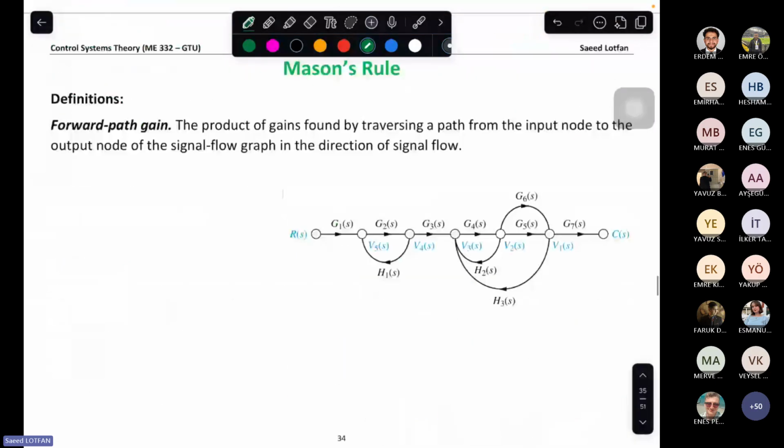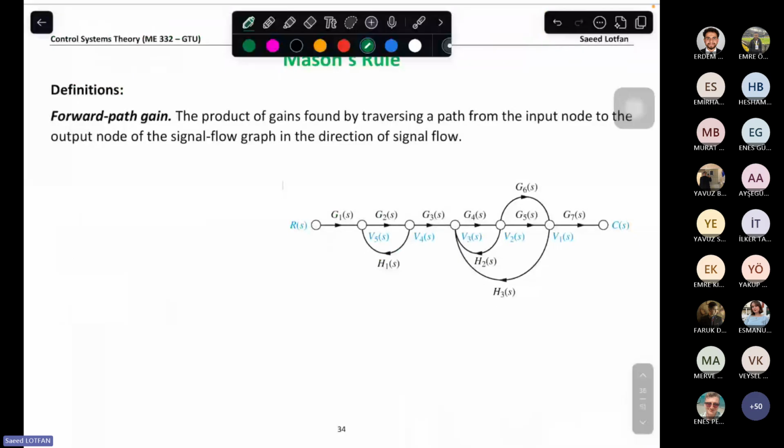Then find the forward path gains. Forward path gain means start from the input and go to the output, not repeating any node. If you go straight this way, the first forward path gain is G1, G2, G3, G4, G5, G7.